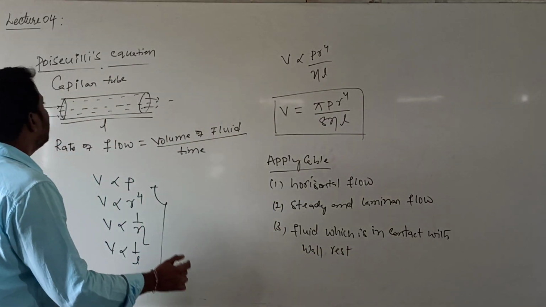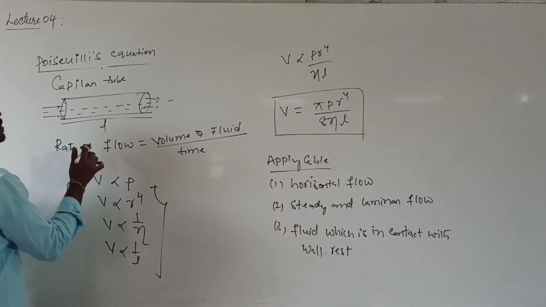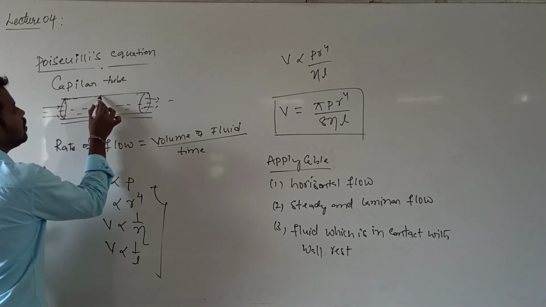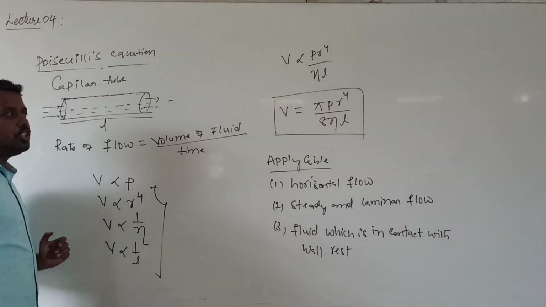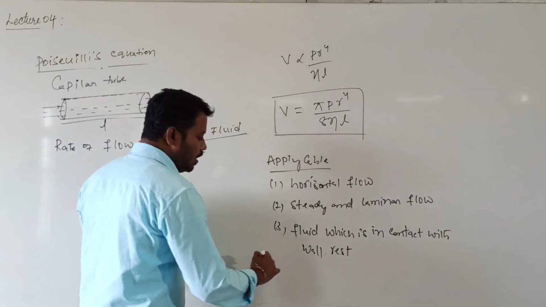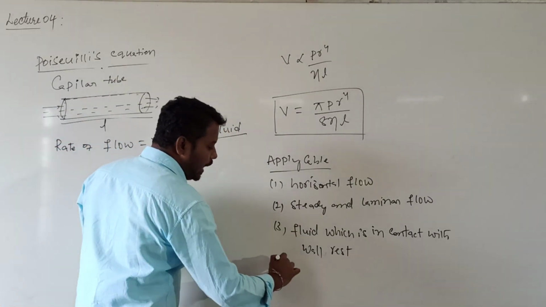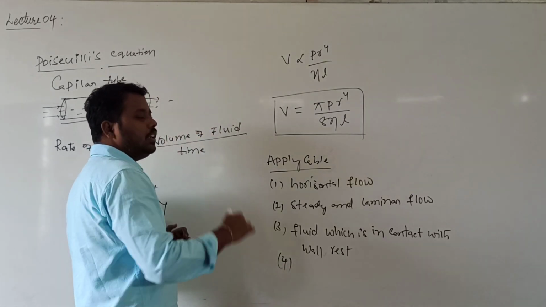What does it mean? Whenever a fluid is flowing across this tube, the fluid which is in contact with the walls of the tube should be in the rest position. So this is the third important point in order to apply this Poisson's equation.